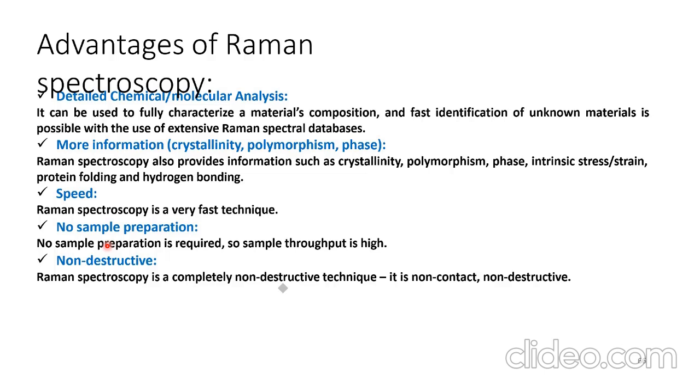It can give information on the crystallinity, polymorphism, or phases of the material, and the intrinsic stresses, strength, protein folding as well, and hydrogen bonding also. It is a very fast technique, and it does not require any sample preparation. It is a non-destructive technique. That means it will not completely destroy the material. It is a non-contact and non-destructive technique.